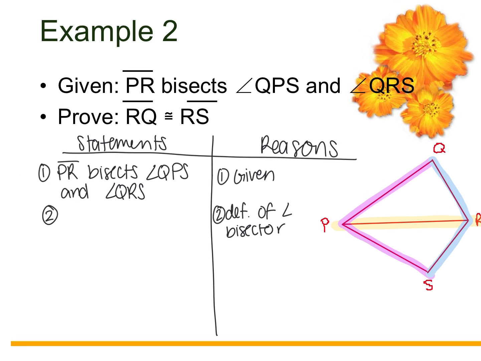Good, so that's my blue one. I'm going to go ahead and write it. Angle QRS is going to be congruent to angle, not QRS, QRP. Okay, it's QRP because it's this angle right here. And then SRP, making this angle right here congruent.